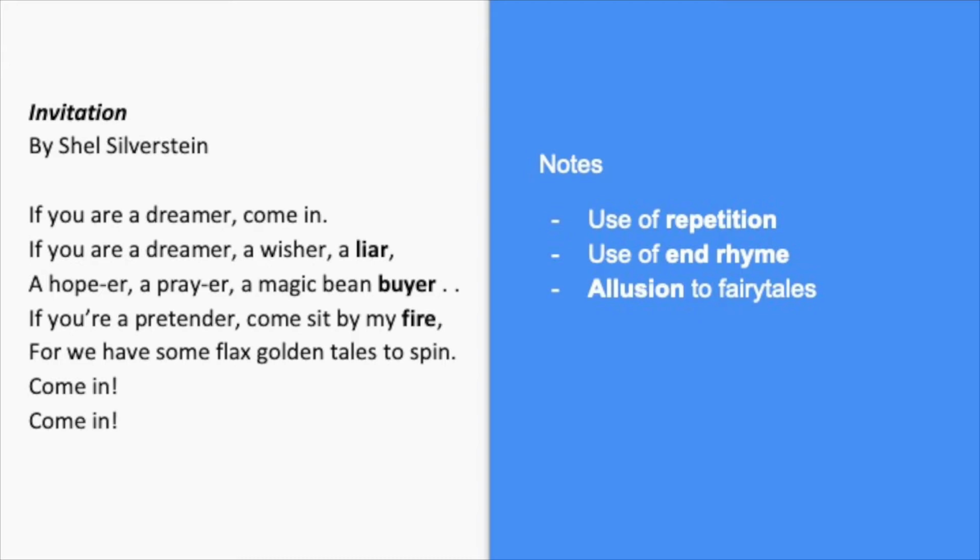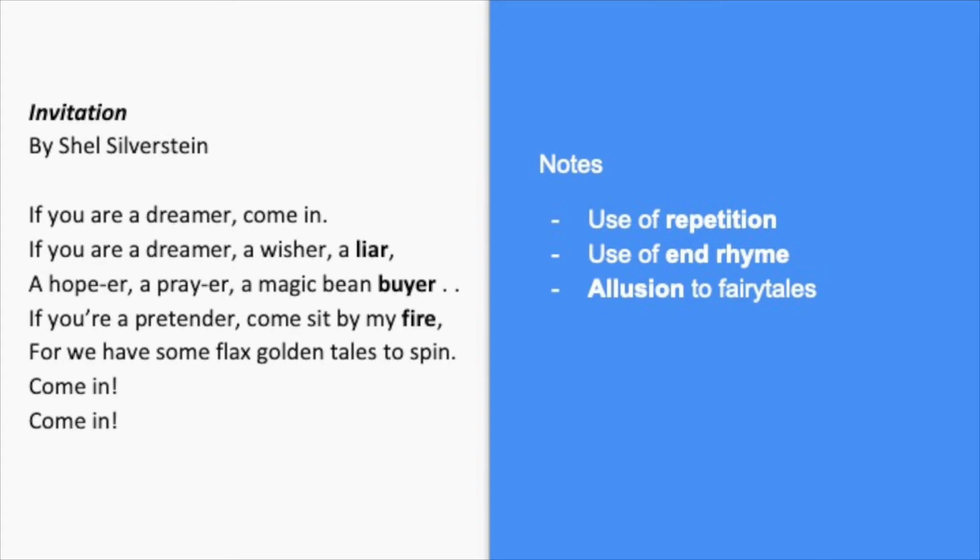Finally, something that maybe some of you might have noticed if you are familiar with fairy tales, English fairy tales. So this writer makes reference to some fairy tales in this poem. When he talks about a magic bean buyer, he's referring to Jack and the Beanstalk.